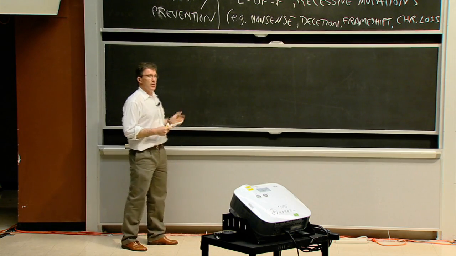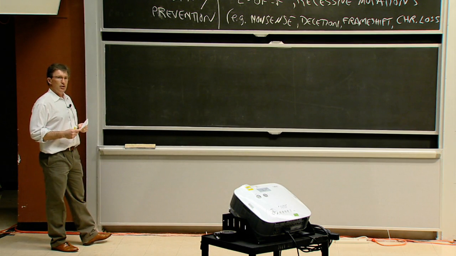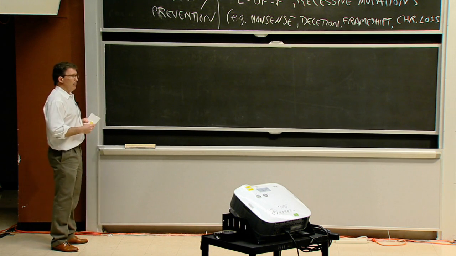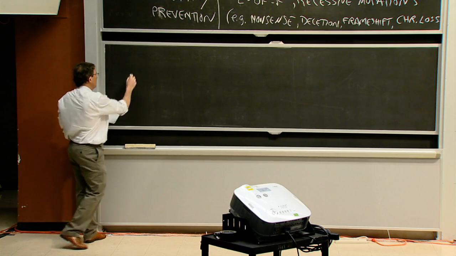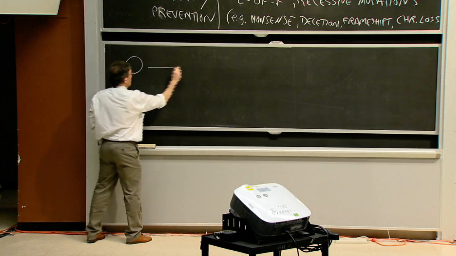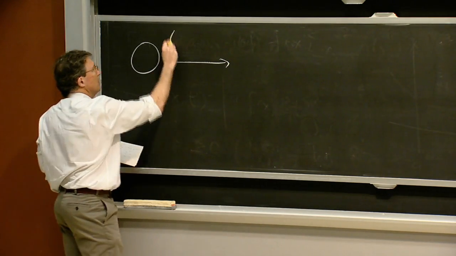Now, I framed the discussion about oncogenes and tumor suppressor genes from the point of view of cell division control and the production of more cells through the action of these mutations. And indeed, cancer is a product of inappropriate cell division.